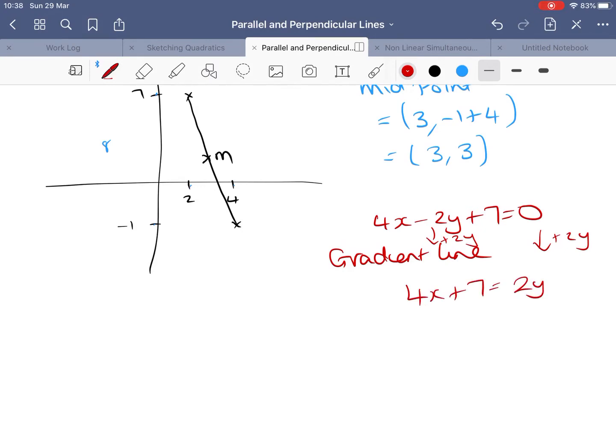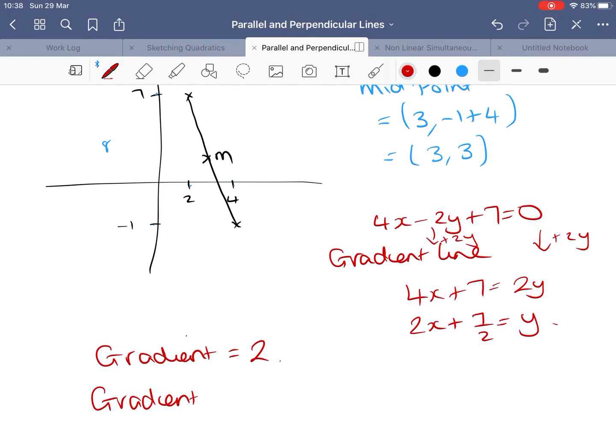Then divide every term by 2. So I've got 2x plus 7 over 2 equals y. So the gradient of my original line is 2. So the gradient of the perpendicular line equals minus a half, because it's that negative reciprocal.